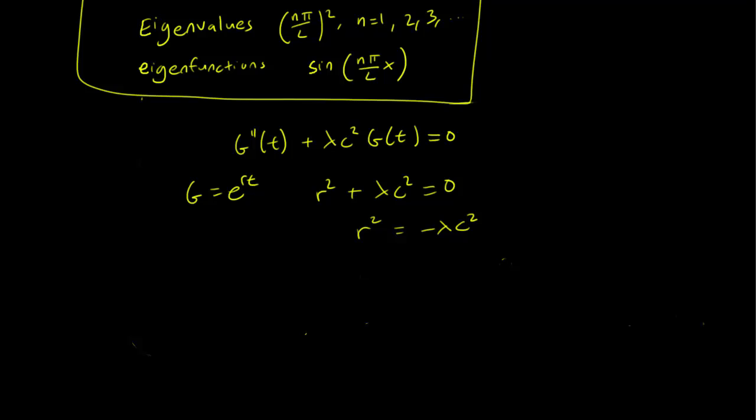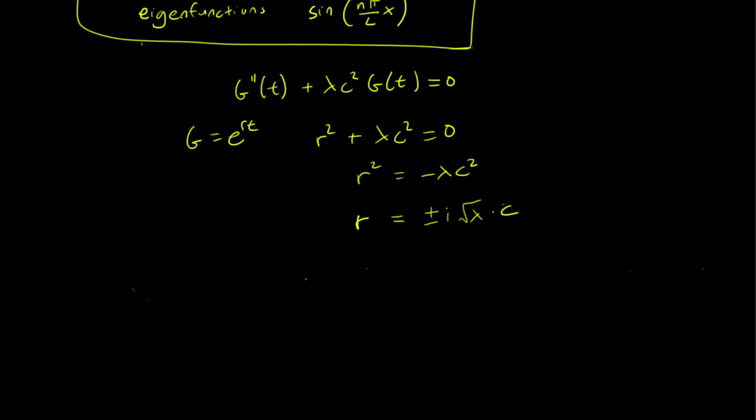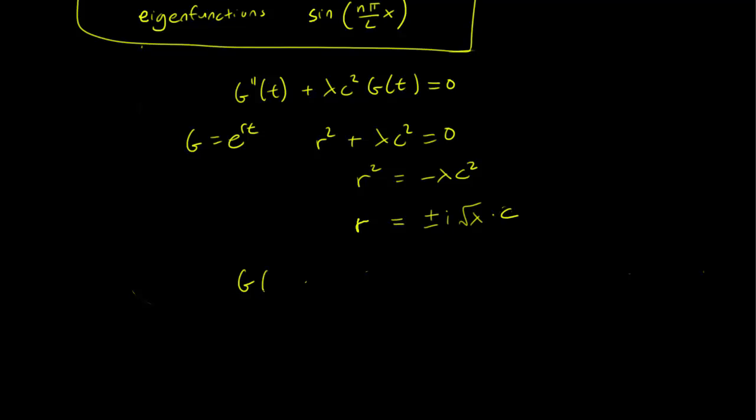Taking square roots, we get r is equal to plus or minus i times the square root of lambda times c. And this means that if we take the general solution of g, we get that g is going to be equal to c1 cosine of square root of lambda c t plus c2 sine of square root of lambda c t.